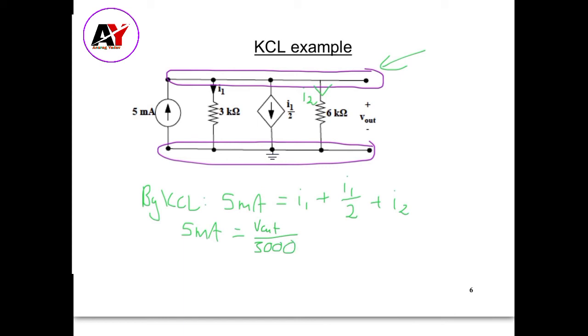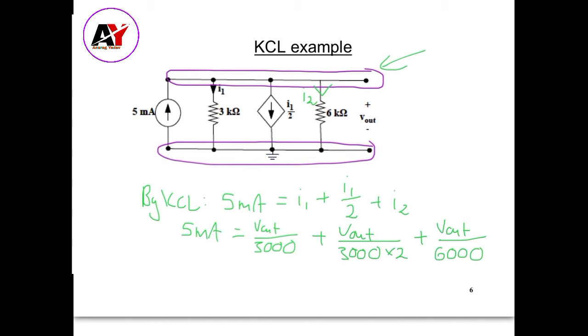And now we put that into this variable here as well, and that turns out to be V out over 3,000 times 2, and I2 is equal to V out over 6,000.